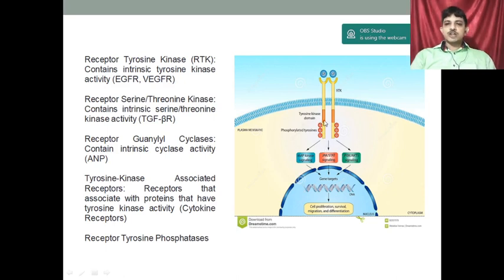Phosphorylation of the tyrosine takes place inside the cell, and here we are showing three different mechanisms through which they target the gene: the MAP kinase signaling pathway, the JAK-STAT signaling pathway, and the PI3K-AKT signaling pathway.